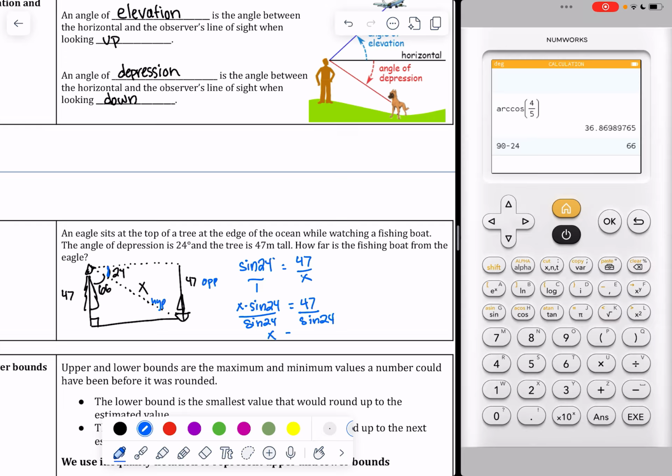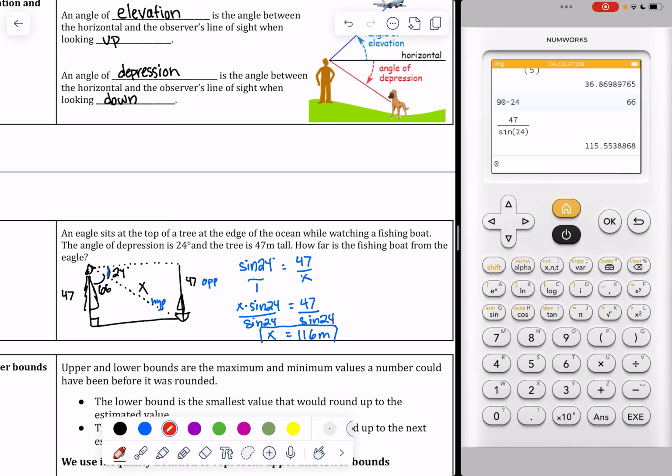So we get x equals 47 divided by sine of 24. We've got 115.55, so we can call that, rounding to 3 sig figs, 116. And we're working in context, so meters would be our answer.